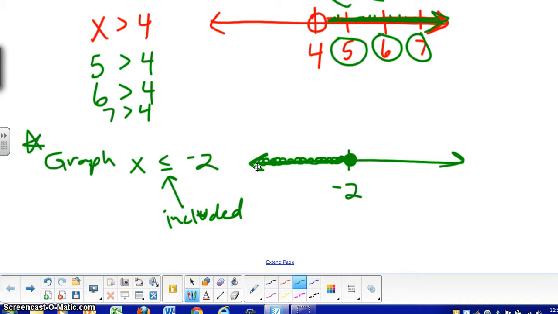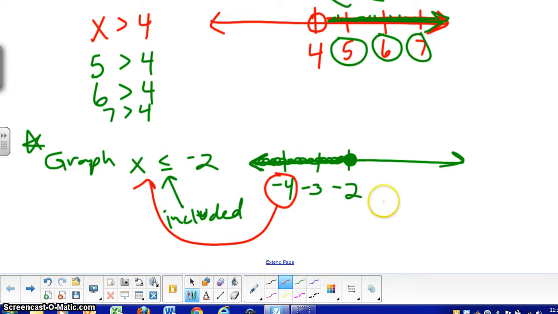So it's going to be everything to the left. And once again, just to show you what that means, if we take a negative 4 and plug it in for x, negative 4 is less than or equal to negative 2. The answer is a true statement, so that's why it is shaded on this side. Same thing with negative 3. It is also less than negative 2. So everything, including all the numbers in between in the space, are going to be included.